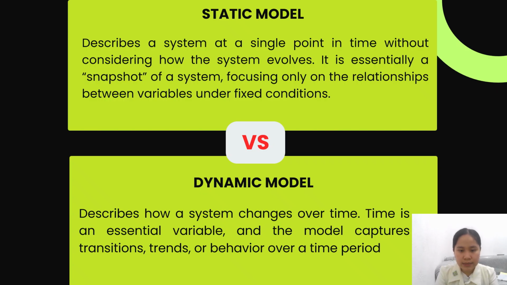So, a dynamic model describes how a system changes over time. Time is an essential variable and the model captures transitions, trends, or behavior over time. So, in this model, it shows changes over time.